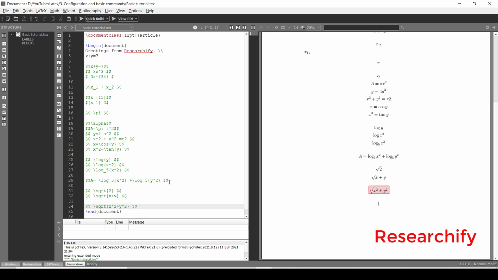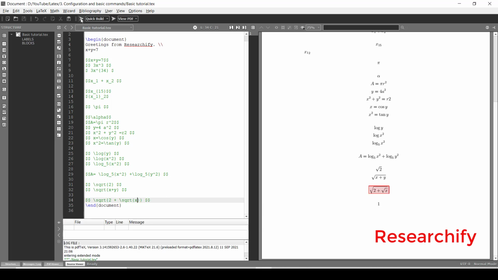Now we can write here under root 2 plus root over x. If you want to write a root over a root, you have to define a square root, and again within this square root define the square root of x. So in this case you will see root under 2 plus root under x.